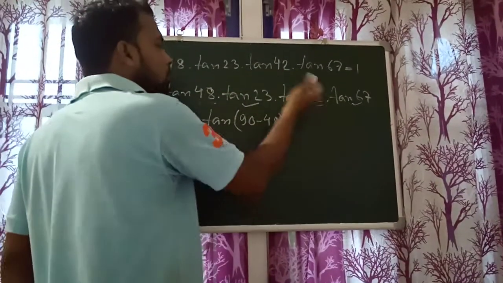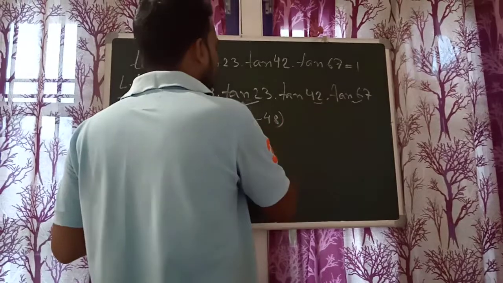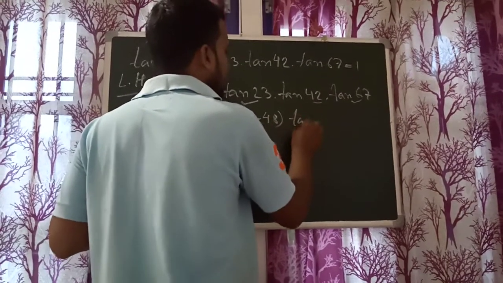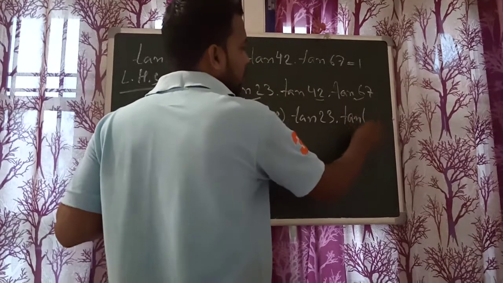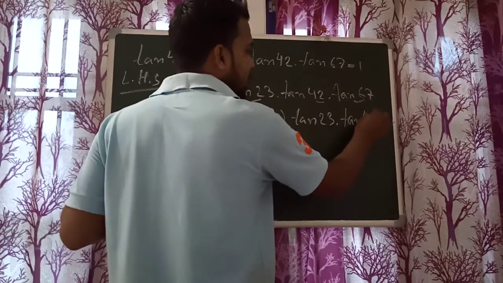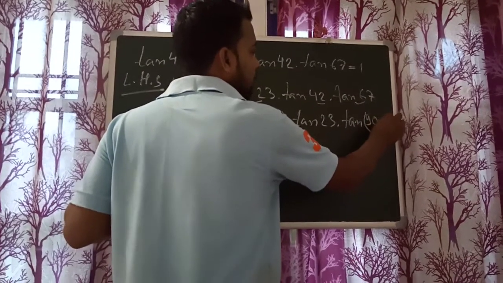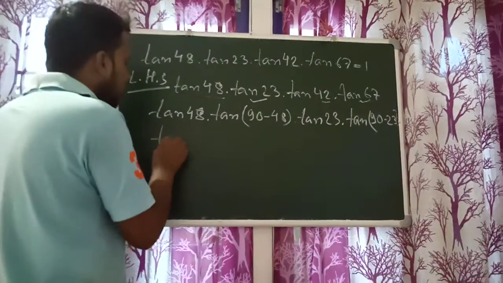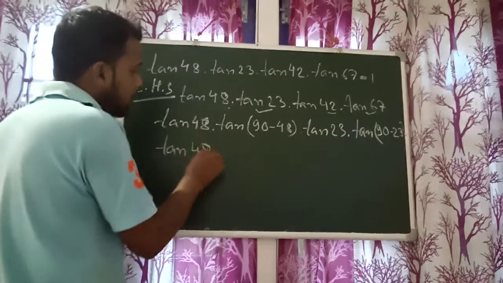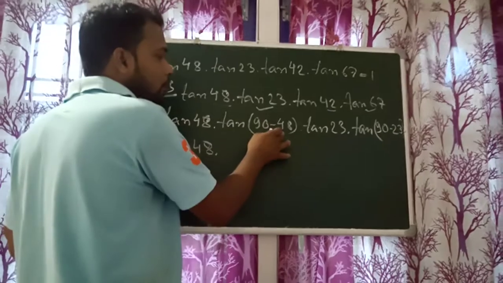That means out of these two, one we have to sense. tan 23 into tan 67. Here 67 can be written as 90 minus 23. Okay? Then tan 48 will remain as tan 48. It will come in sense coding.